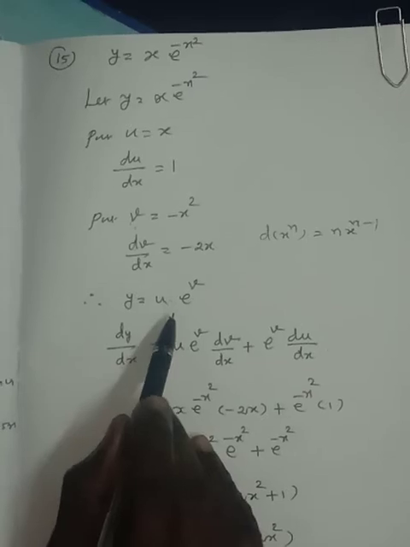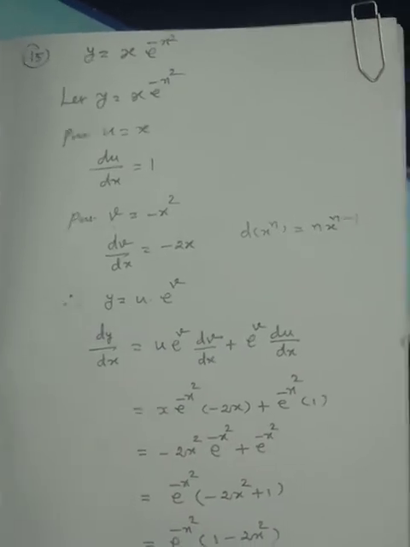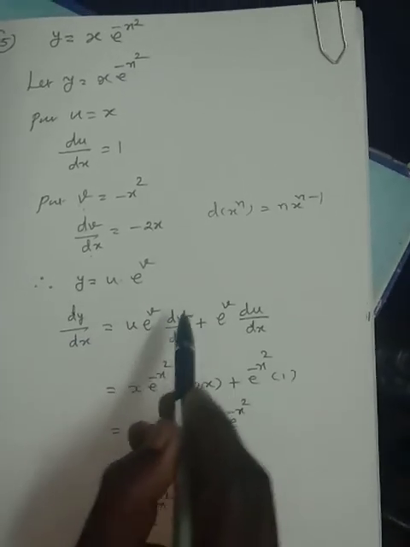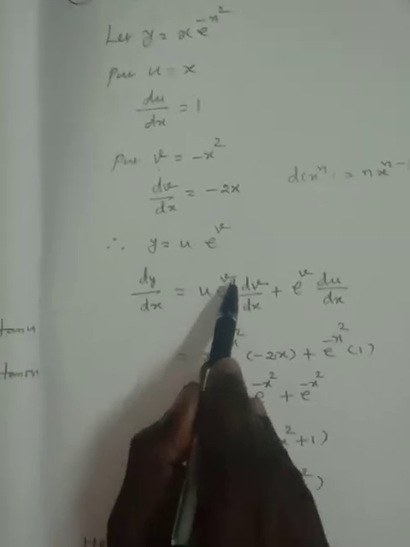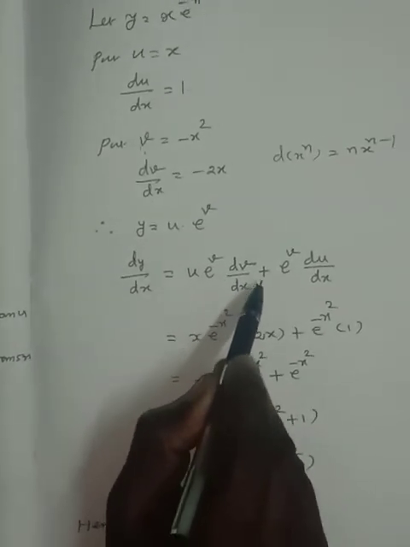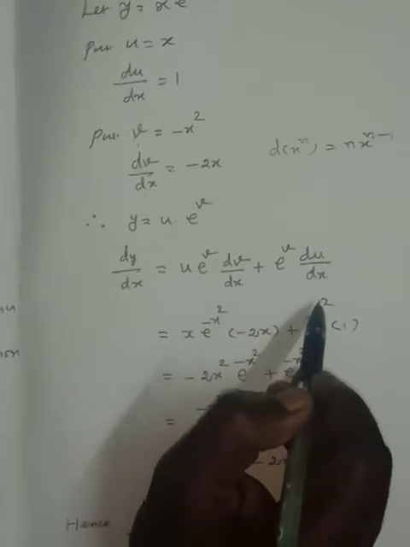Therefore y is equal to u into e to the power of v. Now using the chain rule, dy by dx is equal to u e to the power of v into dv by dx plus e to the power of v into du by dx.